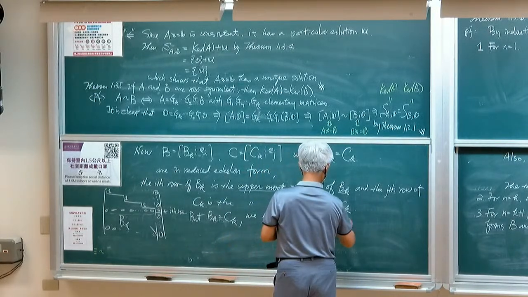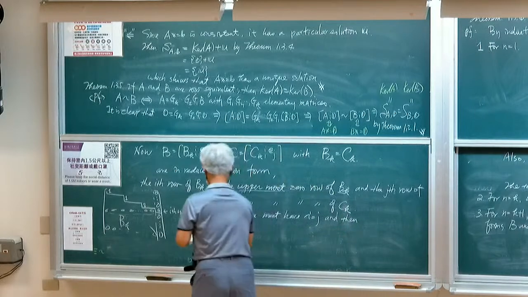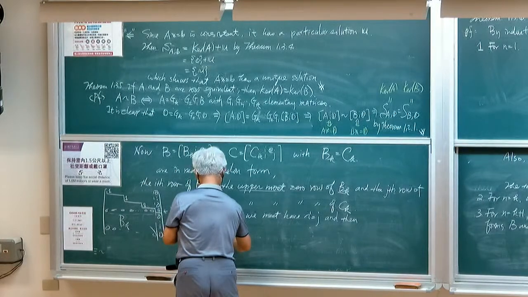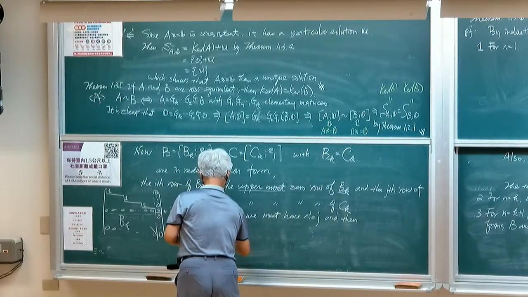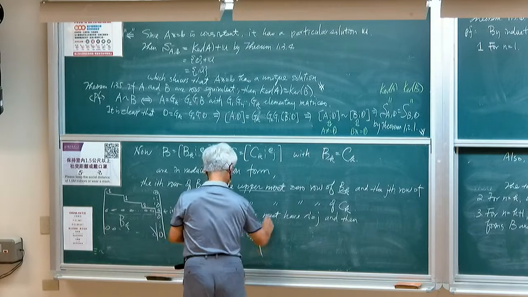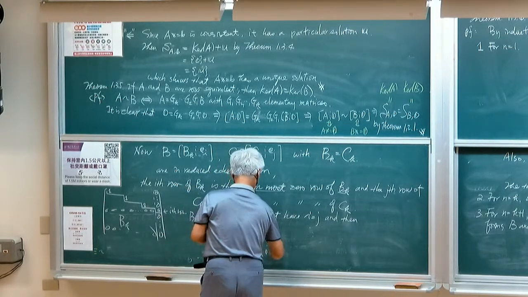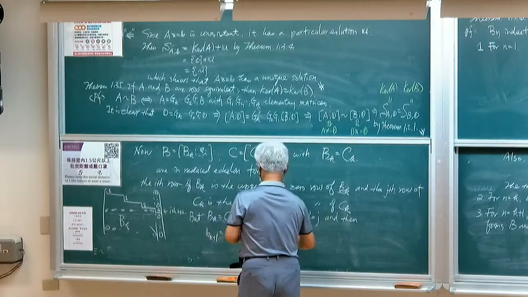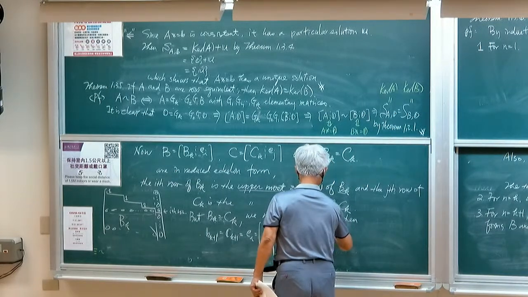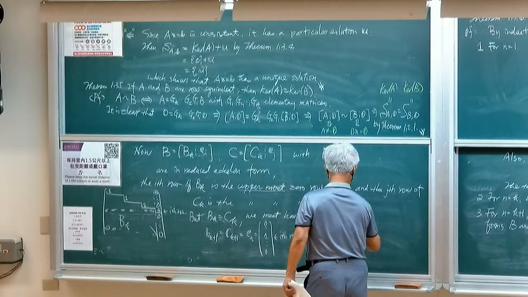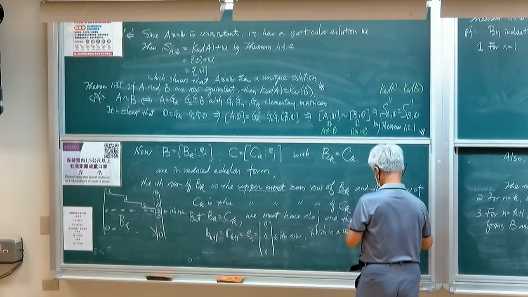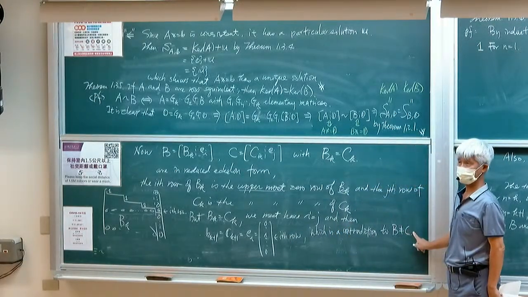And then the (k+1)th column of B is e_i, equal to the (k+1)th column of C, which is e_i. Which is a contradiction to B not equal to C. Okay, so we get a contradiction finally.